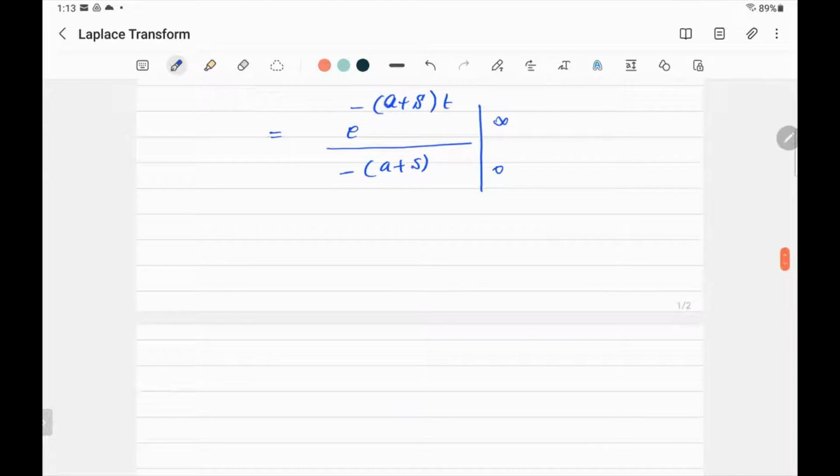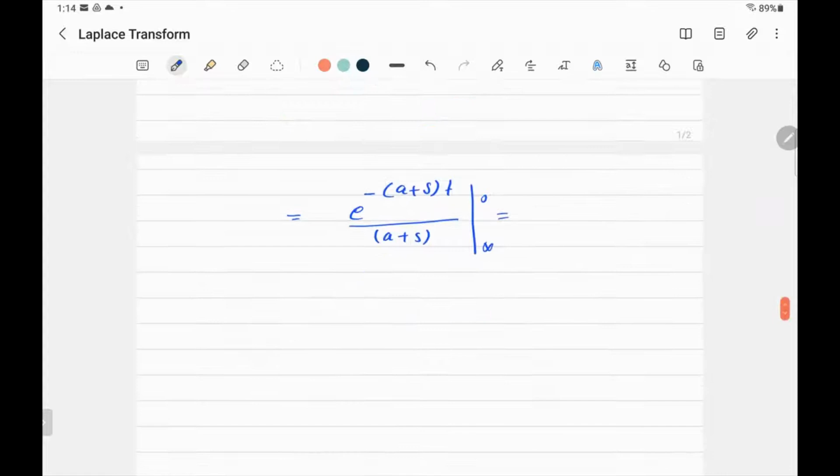So what do you do to get rid of the negative here? Yes, that's right, you switch. So it's e to the minus (a plus s) t divided by (a plus s) without the negative, and then I switch the limits, 0 to infinity.